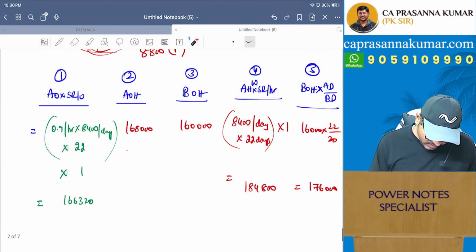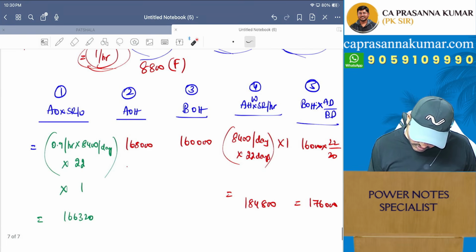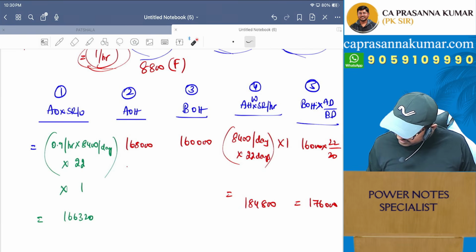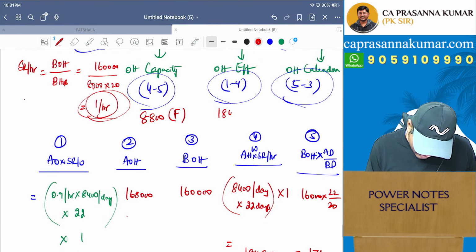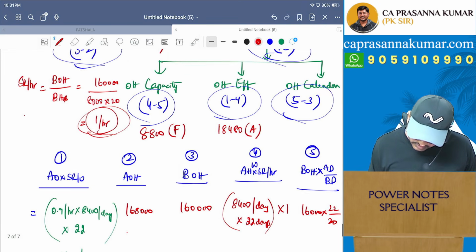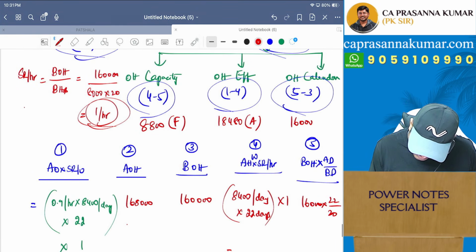What is 1? 1,60,000 minus 4. What is 4? 1,84,800. It will be negative. 18,480 adverse. Calendar variance, 5 minus 3. 1,76,000 is 5 minus 3. 1,60,000, positive. 16,000 favorable. Calendar variance.